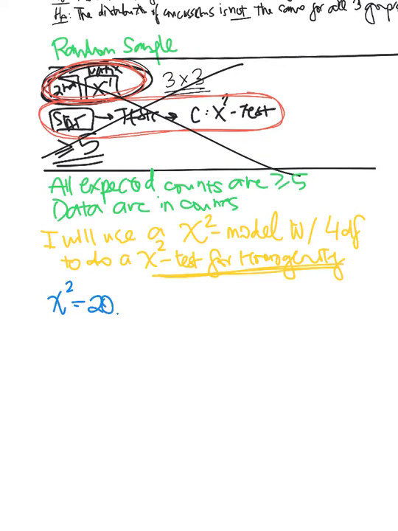So I got a chi-square of 20.604 and a p-value of 0.000379. All right, or you can write 3.79 times 10 to the negative 4. That works too.